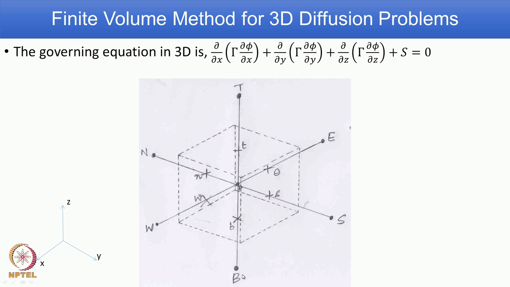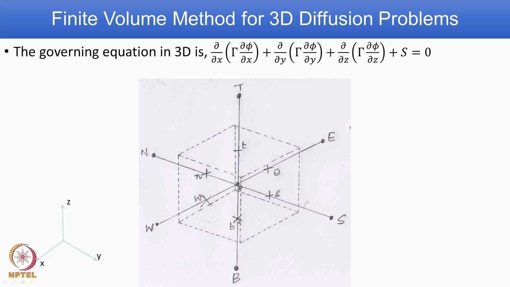surface and node capital T and bottom node capital B. So, for all the surfaces, the center of the surface is marked here, and that corresponds to a particular surface. So, for example, small case letter t is the center point for this particular top face.